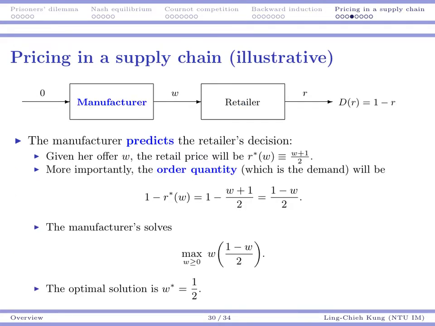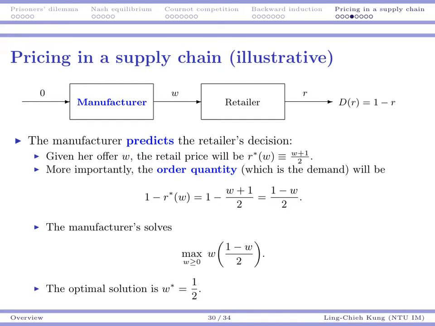Now we have this prediction in mind. The retailer knows once W is chosen, the retail price will be this one. So now, the manufacturer can also calculate the order quantity or the sales quantity to the retailer, because 1 minus R is going to be 1 minus W over 2. Naturally, when the manufacturer increases the wholesale price, the total demand will become smaller.